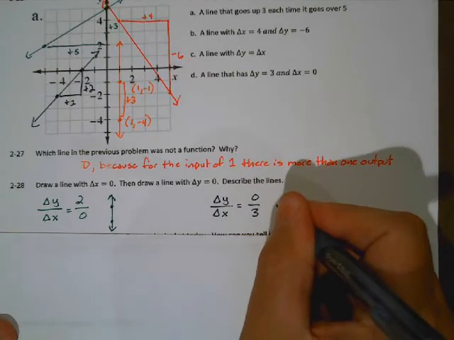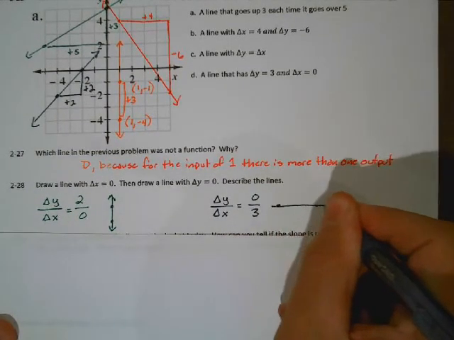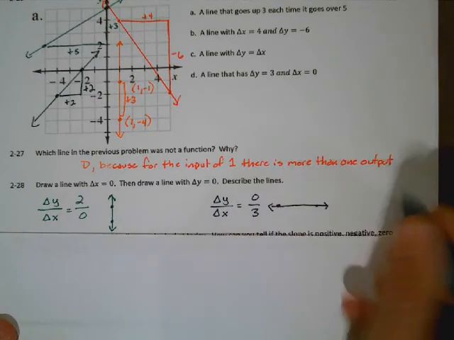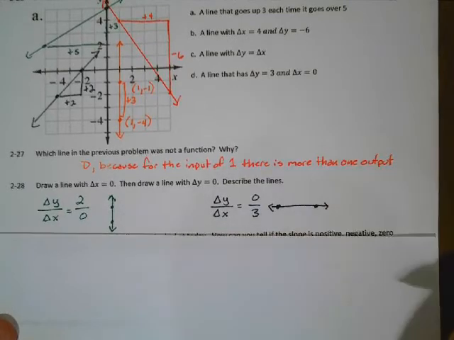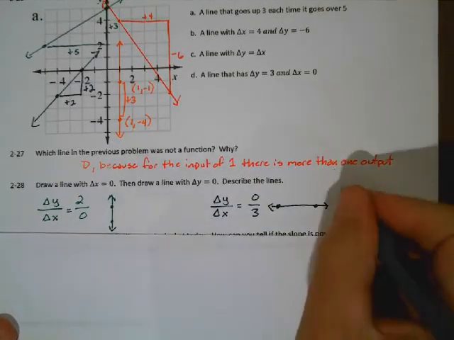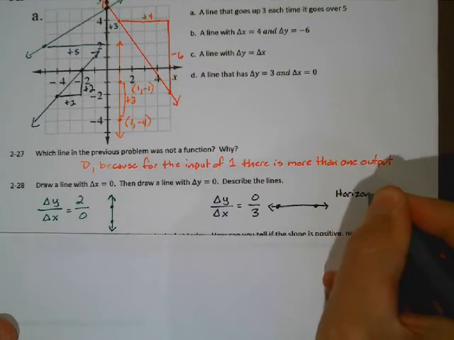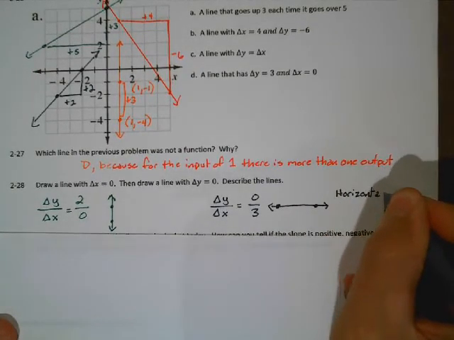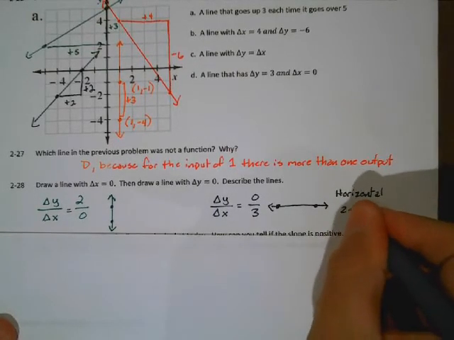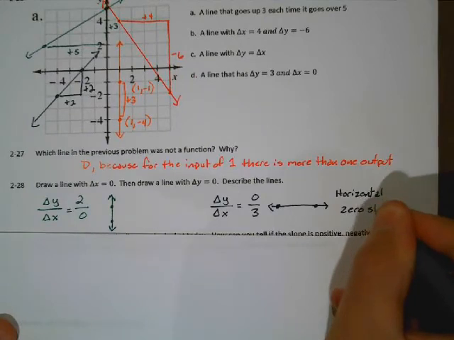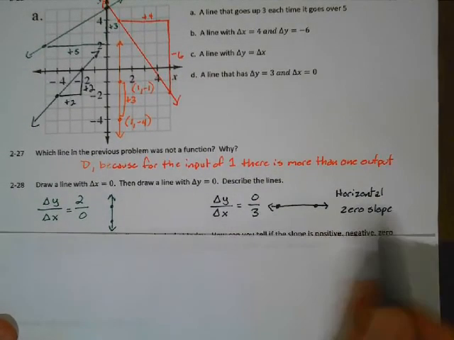And that one would be a horizontal line, because the x value is changing by 3, but it's not going up and down. So we see here that we have horizontal, and this has a 0 slope. So horizontal lines have a 0 slope, because 0 divided by 3 is 0.